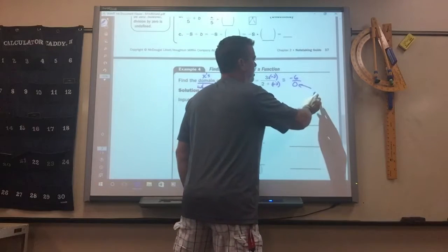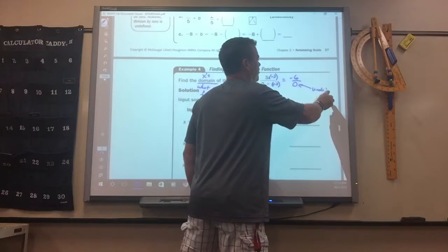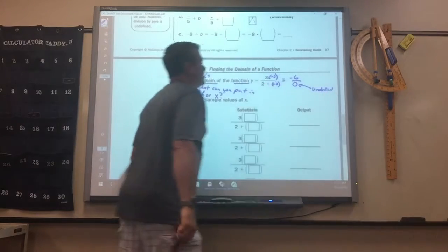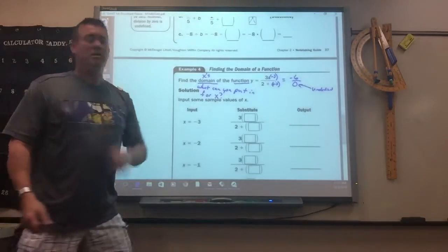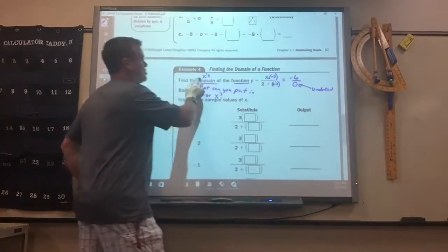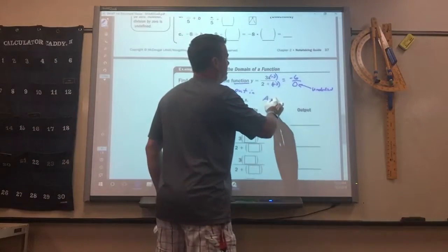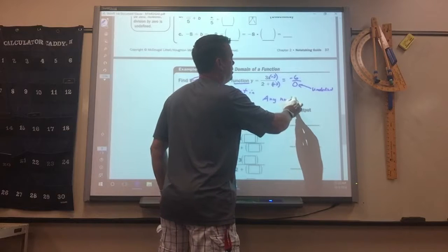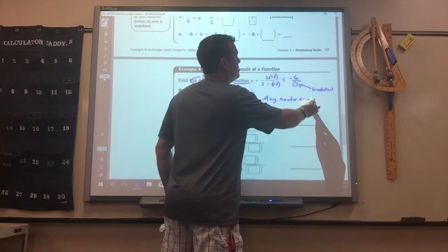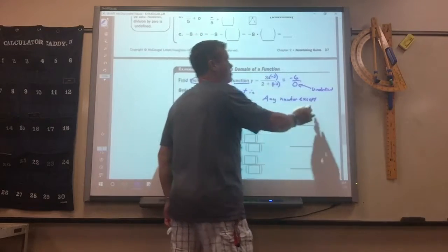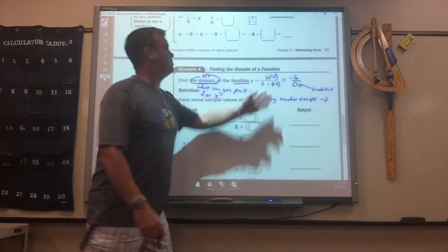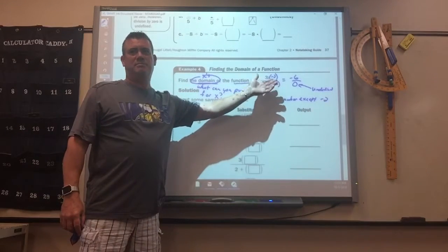Can't ever have 0 on the bottom. It's undefined. So to answer this question, you can put in any number except negative 2. Because if I put a negative 2 in there, I get a 0 on the bottom.